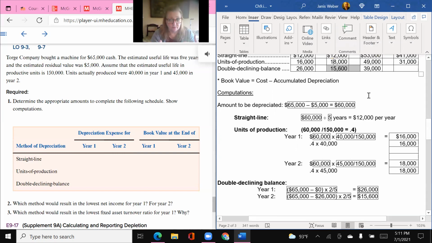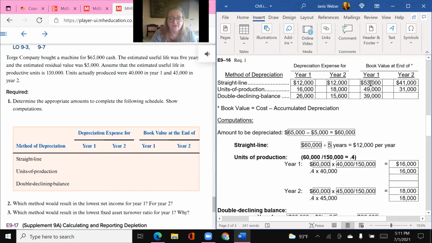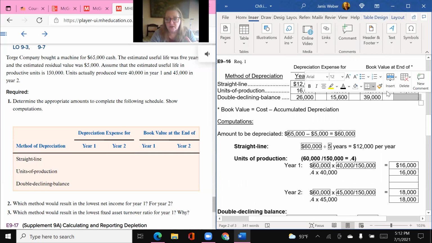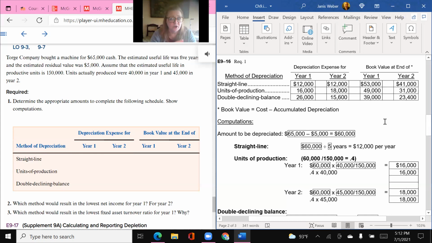Their way and my way, same deal. So the net book value at the end of year one had been 39,000 under this method. And if we reduce the net book value further for the extra that's been added to the accumulated depreciation account, we wind up with a net book value at the end of year two, 23,400.